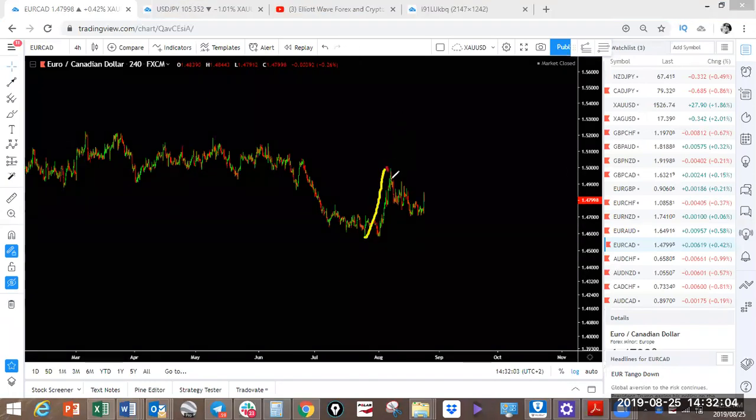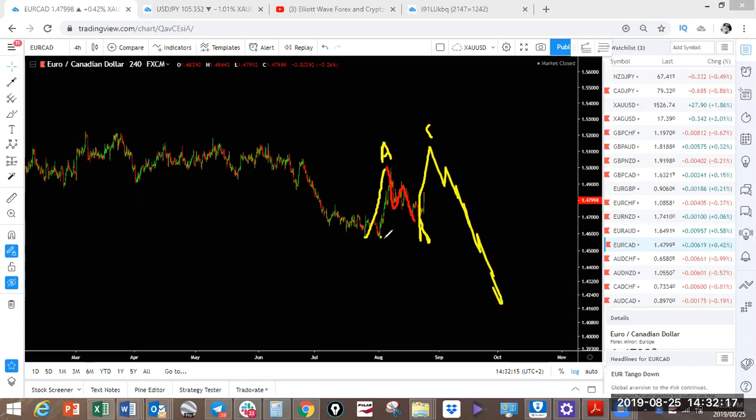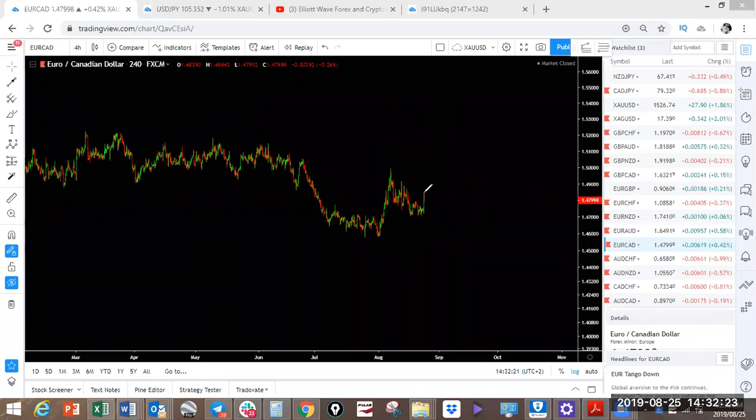You've got a 3-wave pullback, 1, 2, 3, and now we're getting a pulsing move to the upside. So that will be an ABC structure, and look for this to drop. That's what you're going to be looking at. We're looking for this to push higher and then drop.